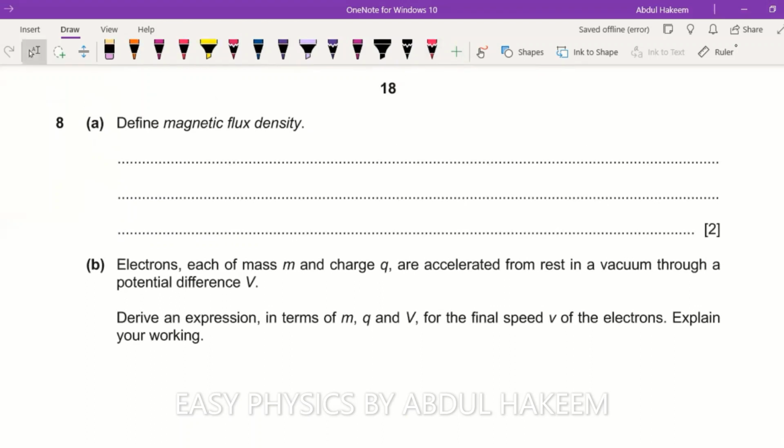Next, define magnetic flux density. So we have to define the formula F is BIL sine theta, I mean B is equal to F over IL sine theta.